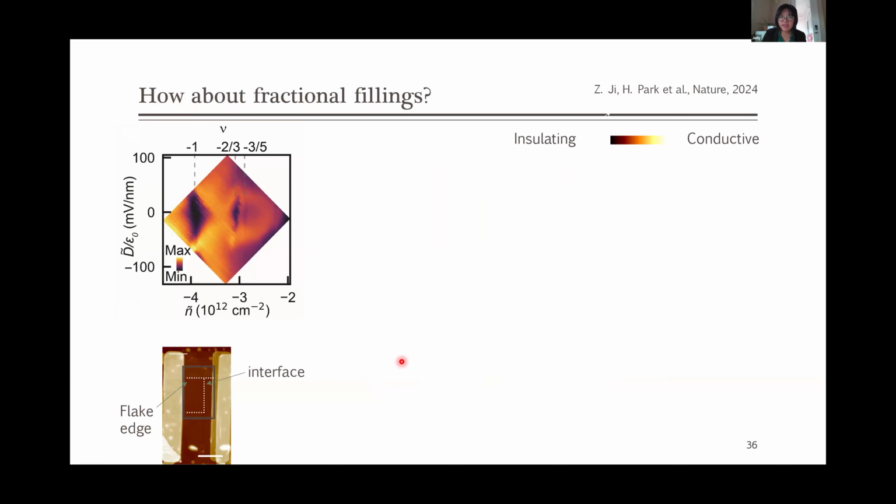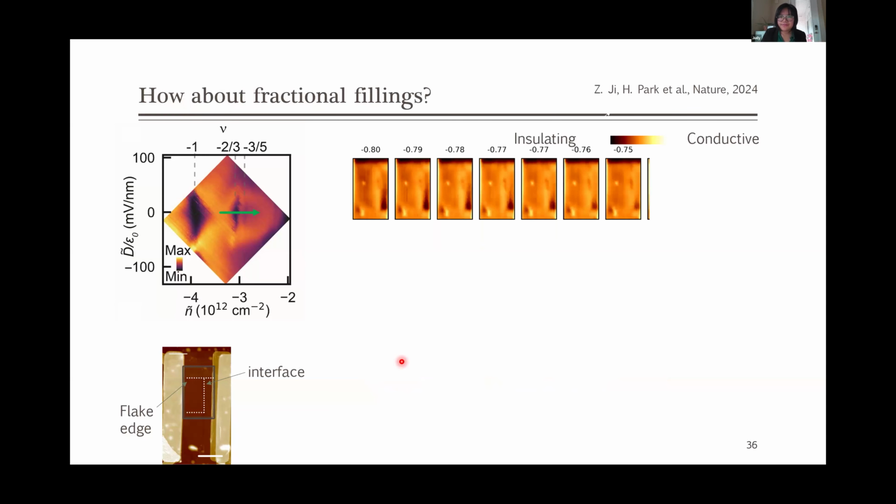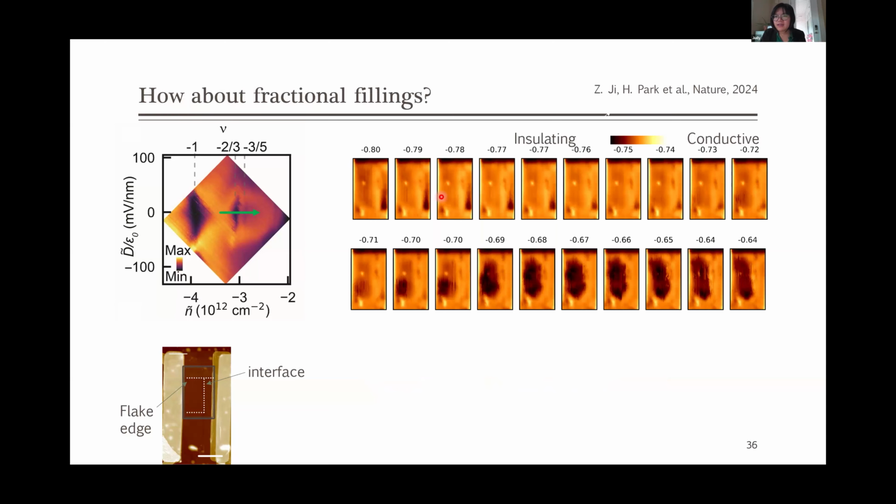Well, we went down to see how the fractional states behave. As you can tell, in the beginning, it's conductive everywhere. The bright color means conductive, conductive, conductive, conductive. And eventually, when it approaches nu equals to -2/3, so this region, the edge here is conductive.